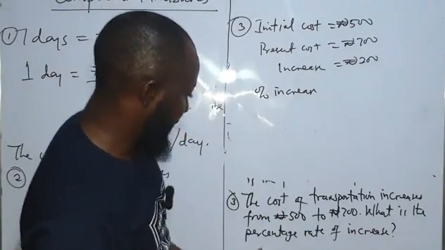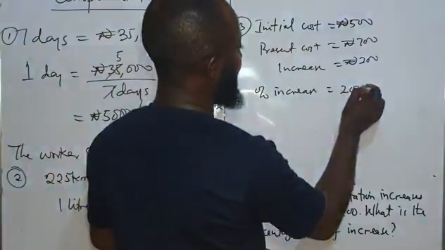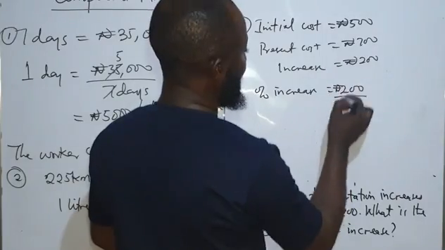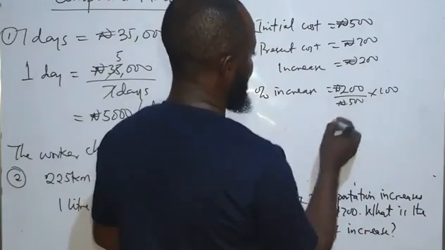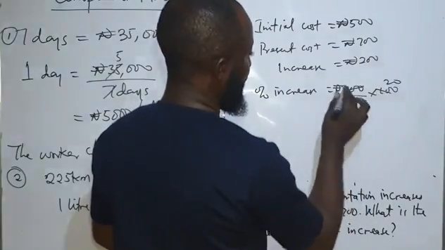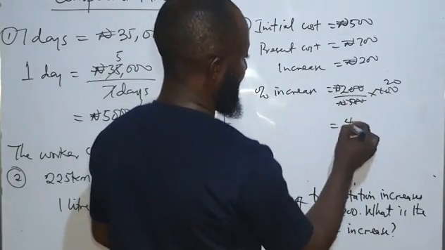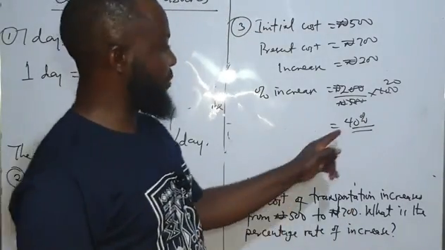What is the percentage rate of increase? It will be 200 naira divided by what? The initial, which is 500, and multiplied by 100. So this 0 cancels 0. 5 here 1, 5 here 20. So 20 times 2, that is 40 percent.